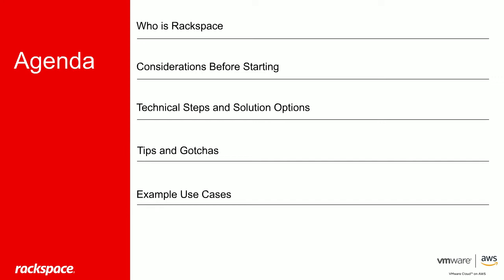After that, Athar will carry on giving a high-level overview of what steps are involved in setting up a VMware Cloud on AWS environment, and some of the options that you will have to choose between when going through the deployment. After that, we'll talk about some of the tips that we have picked up during our deployments, which will make your deployment, we hope, easier and successful.